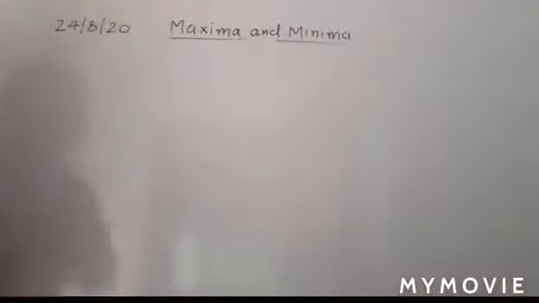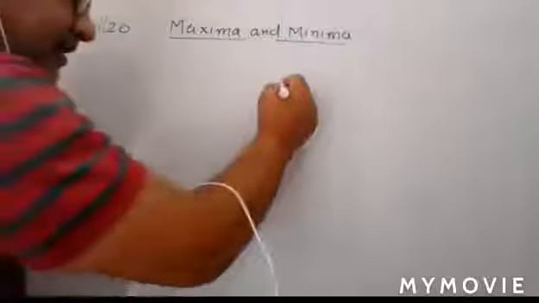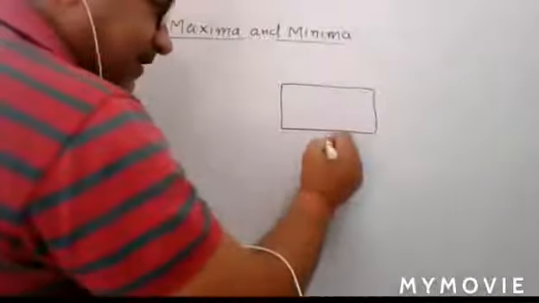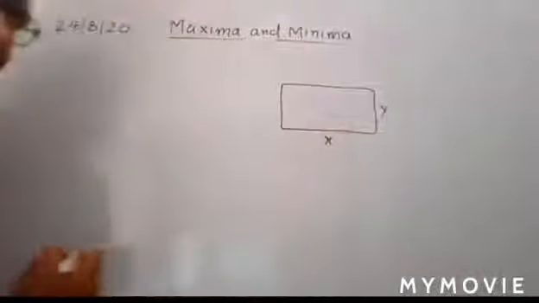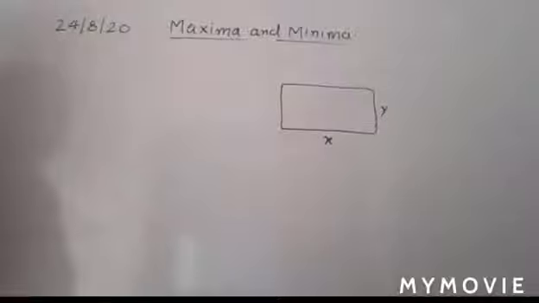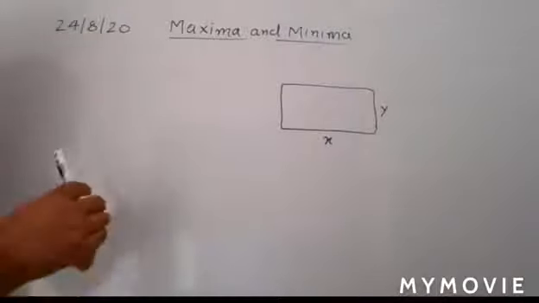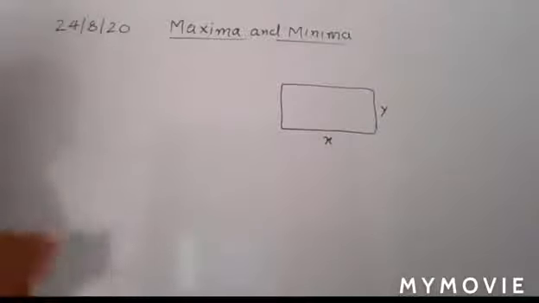Listen, in this question, here you have a rectangle. Suppose here you have a rectangle whose length is x and y is its breadth. Here you have a rectangle of length x and y, and the area of this rectangle is given. The quantity which is given helps you to find the relation between the two variables.